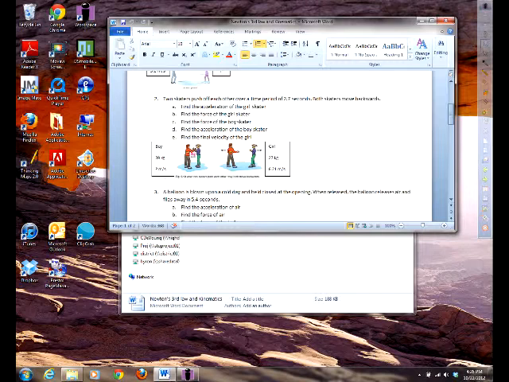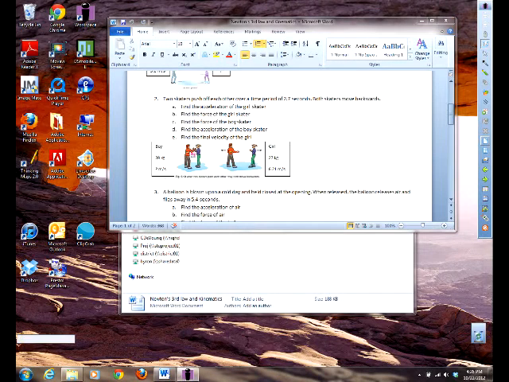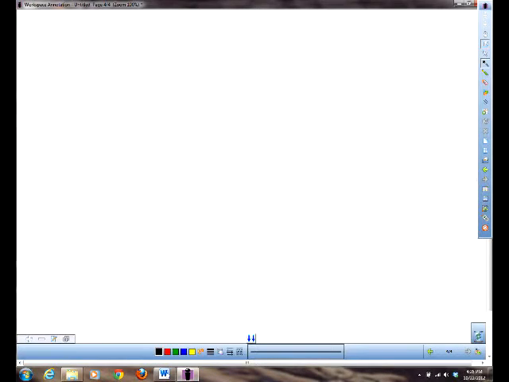So this side we have the boy, he's 39 kilograms, we don't know his final velocity. The girl is 27 kilograms, and it says her final velocity is 6.21 meters per second. So on another blank document, this is number 2.